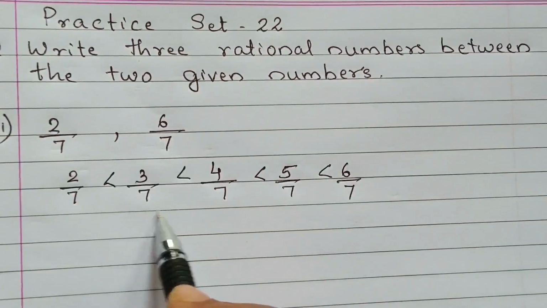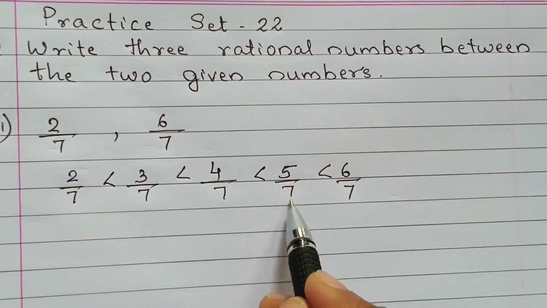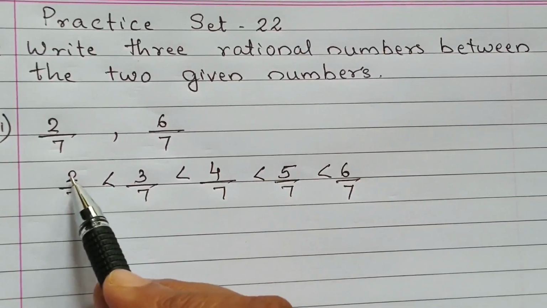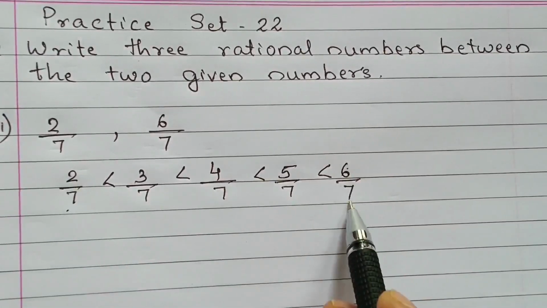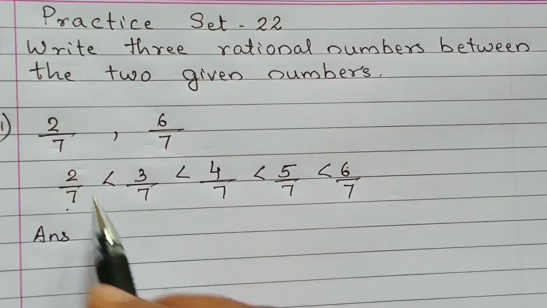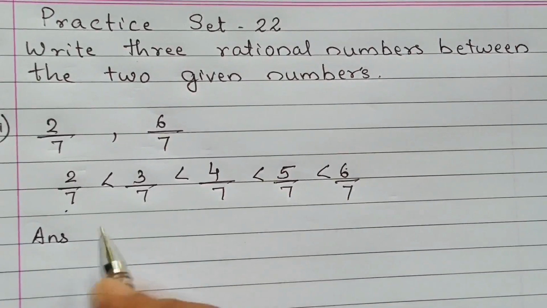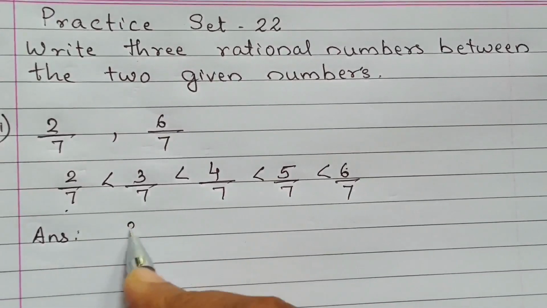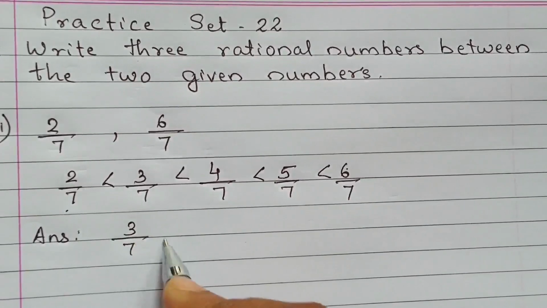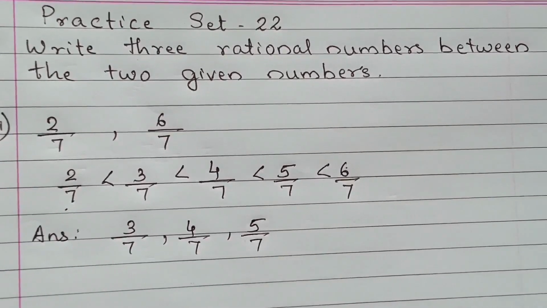So you can see that these rational numbers 3 upon 7, 4 upon 7 and 5 upon 7 are between the numbers 2 upon 7 and 6 upon 7. So what will be your answer? The answer is 3 upon 7, 4 upon 7 and 5 upon 7.